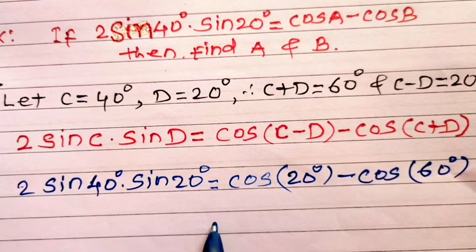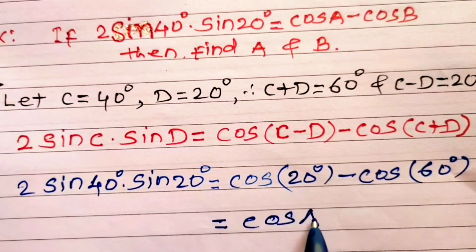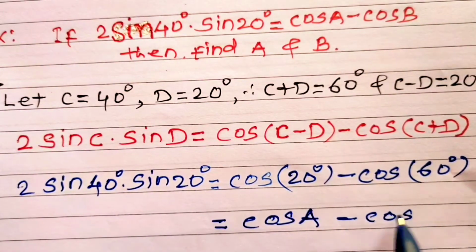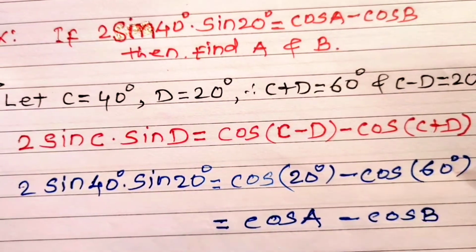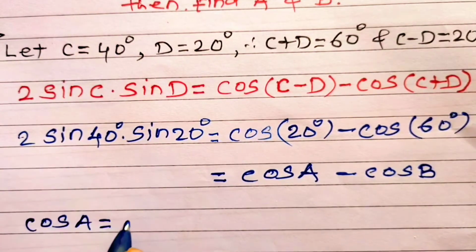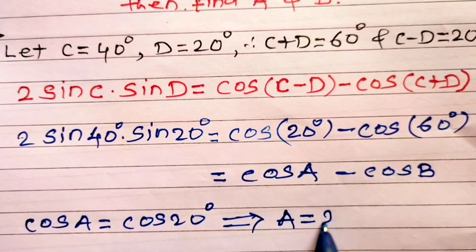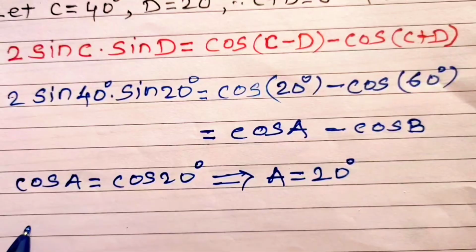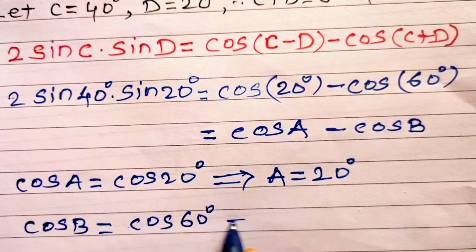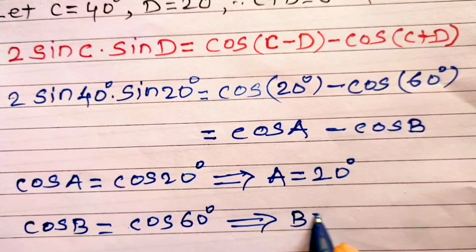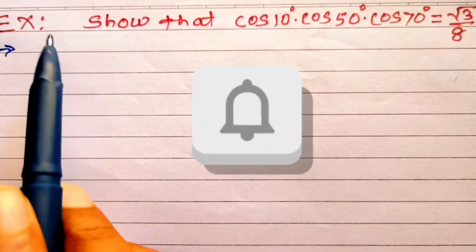And this is equal to, we can write right hand side of given statement, that is cos of A minus cos of B. Comparing this with this, we can write cos A is equal to cos of 20 degree, and this implies A is 20 degree, and cos of B is equal to cos of 60 degree. This implies B is equal to 60 degree. Hence the answer.